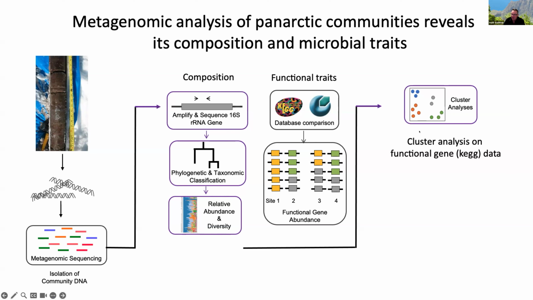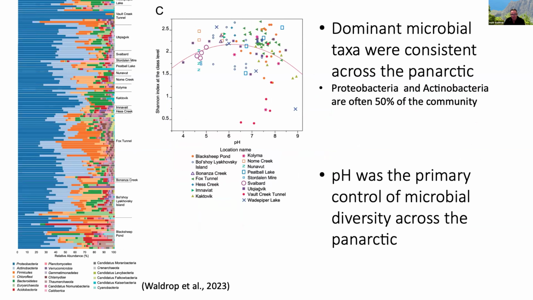And in the end, we can use a cluster analysis to see if microorganisms or their functional attributes cluster together, and then can we tell something about the way that microorganisms may function post-thaw by the way that these functional genes have clustered.